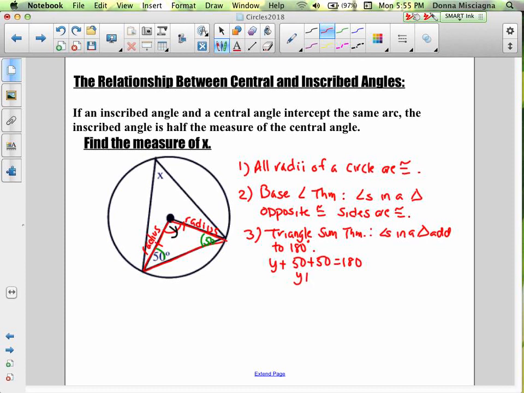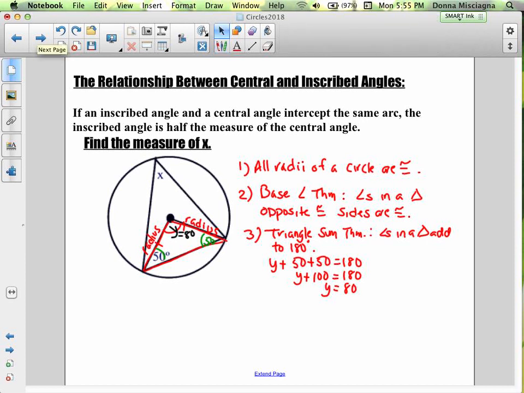That means y plus 100 adds to 180. If we subtract 100 from both sides, that leaves 80 for y. Actually, this is a good one for a sticky note. You can have the diagram underneath and all the steps above. So now we know this y here is 80 degrees.